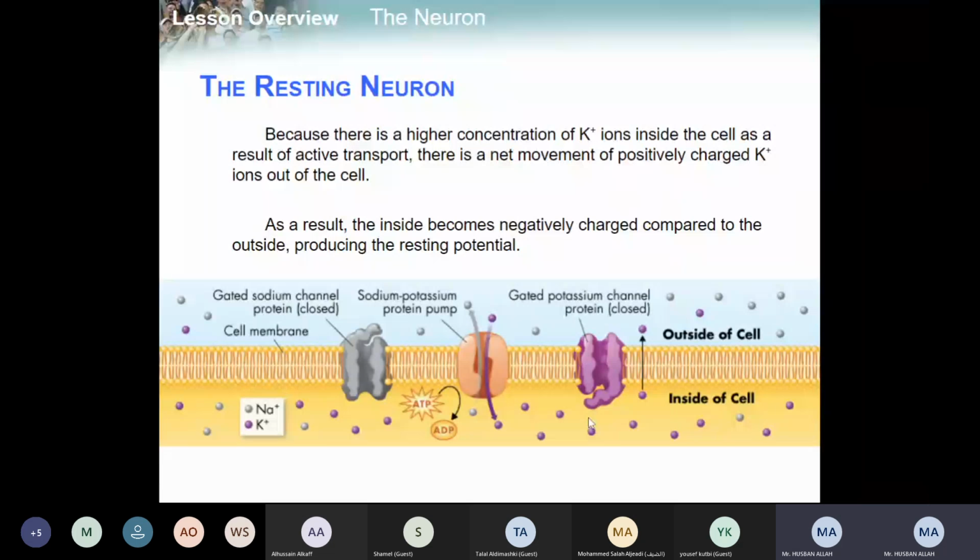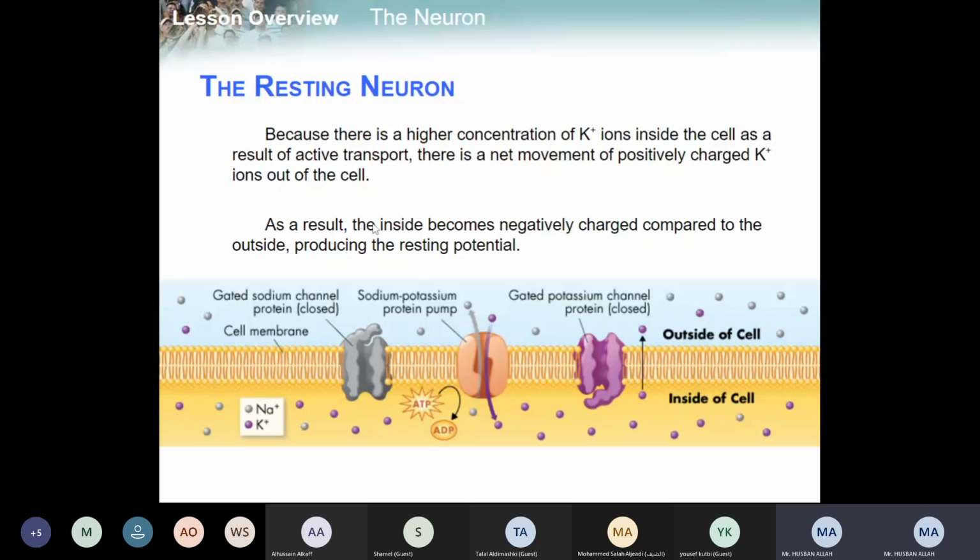Inside the cell, you can tell from the colors, we have a greater number of potassium ions, so they need to be moved out of the cell by means of active transport. Active transport is transport which requires energy.